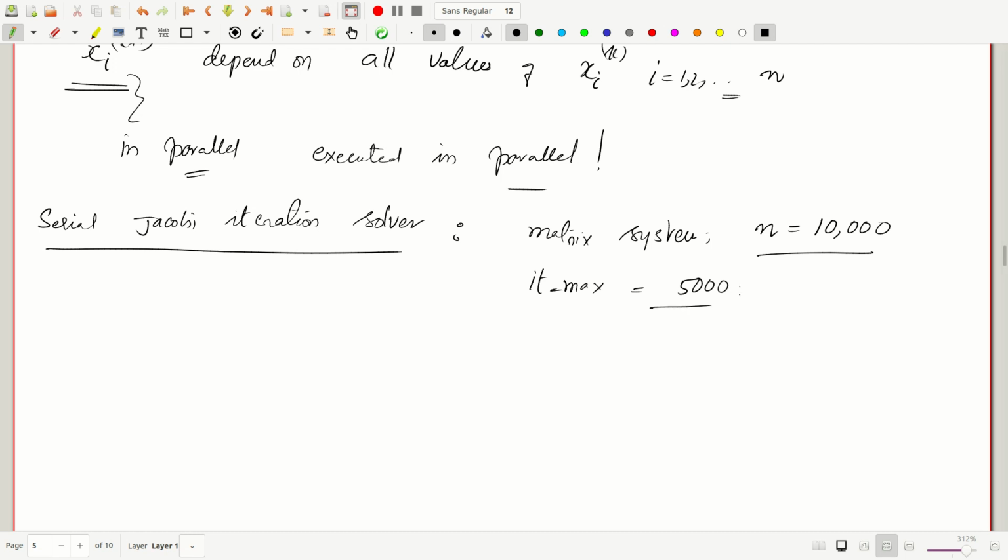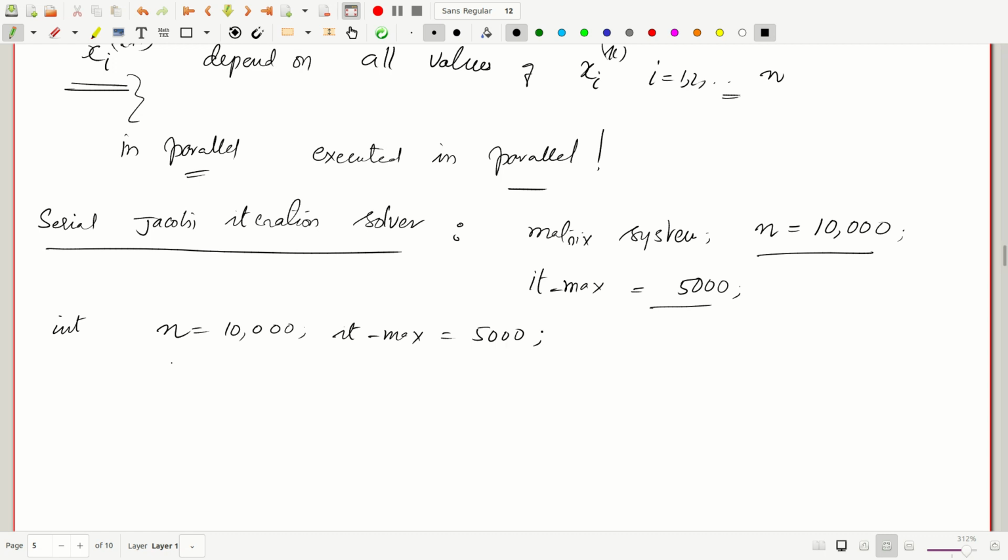I don't know if it will converge in this, but we hope it will. That means we would declare our variables: int n equals 10,000, and iteration max equals 5,000.